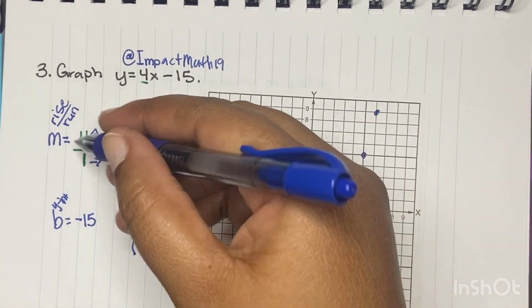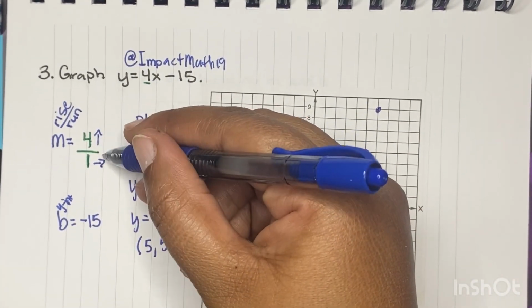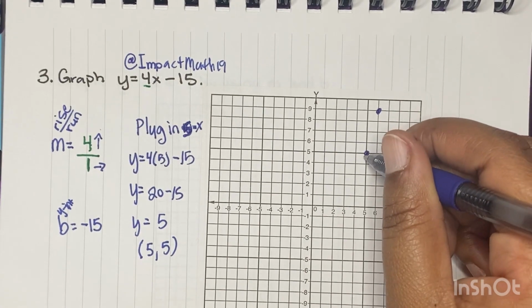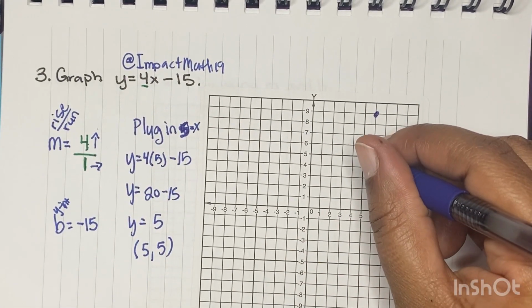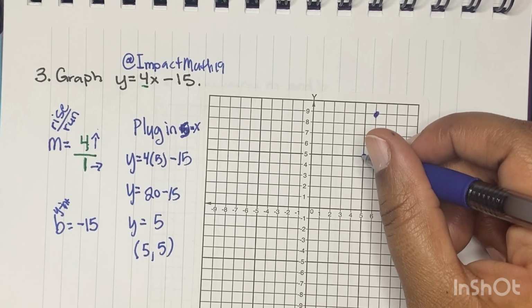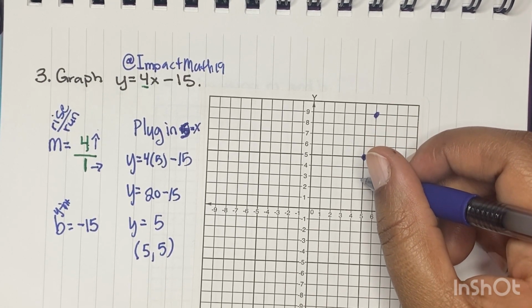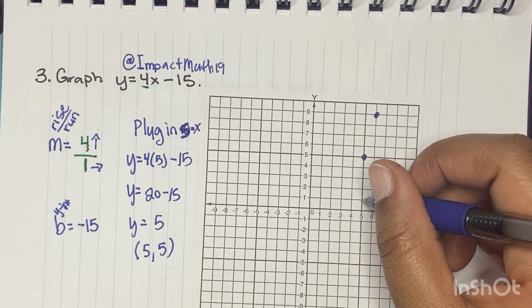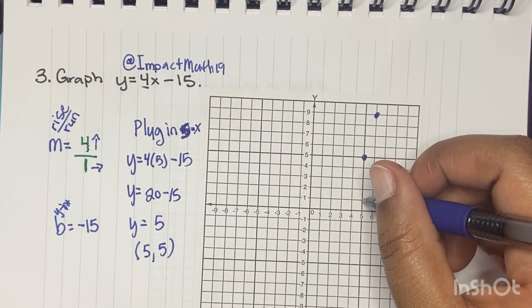Now I can go the opposite direction of both of these. You have to go both. So instead of going up, I'm going to go down. Remember, don't count this as 1. You count the hop. 1, 2, 3, 4. And then I'm going to run 1 to the left.